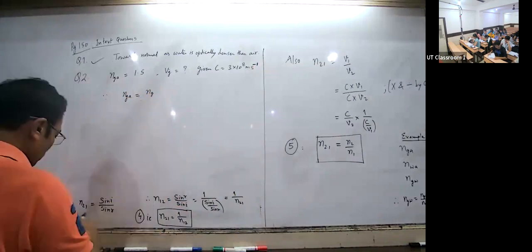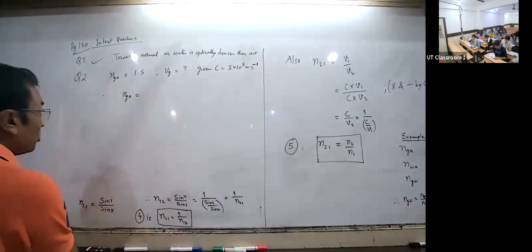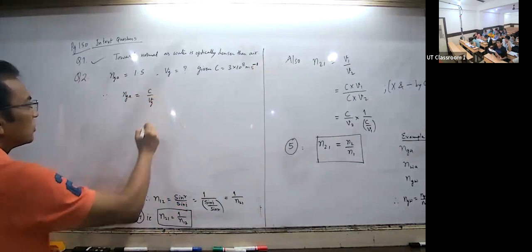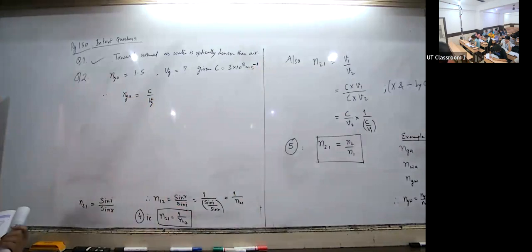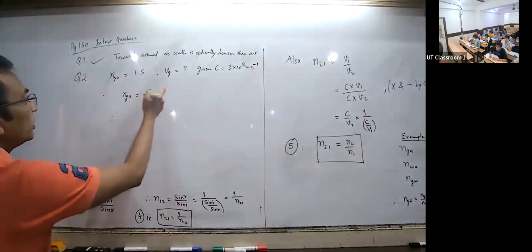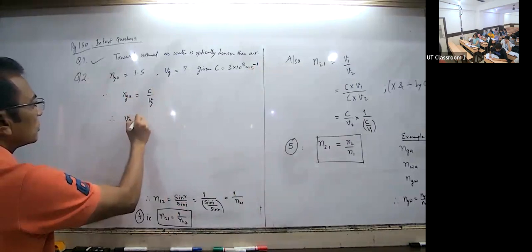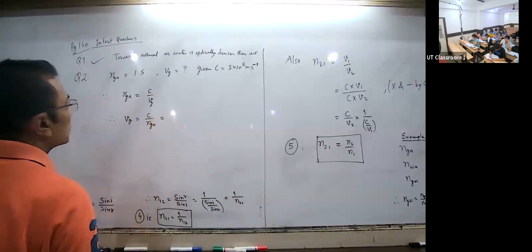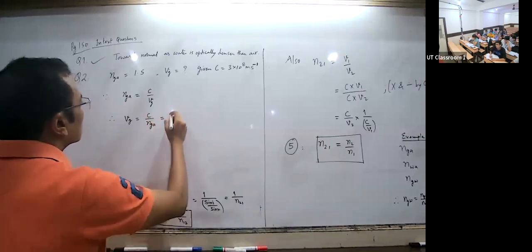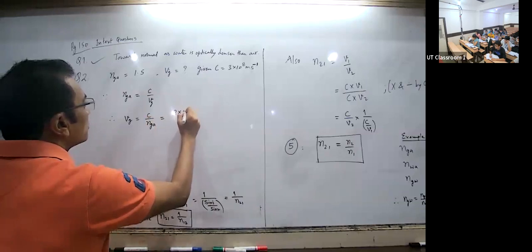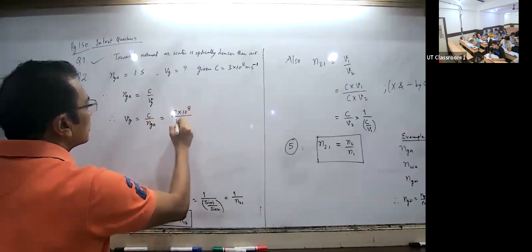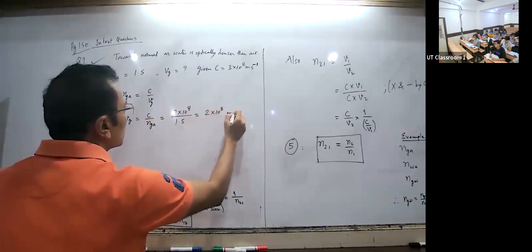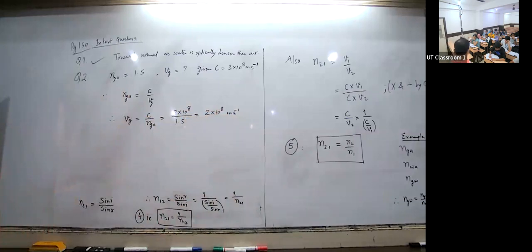There are two formulas of refractive index. C is the speed in air. So what do you have to find? V. This we have already done. C divided by 1.5, so this is 2 into 10 raised to 8. Okay, so this is how you do it.